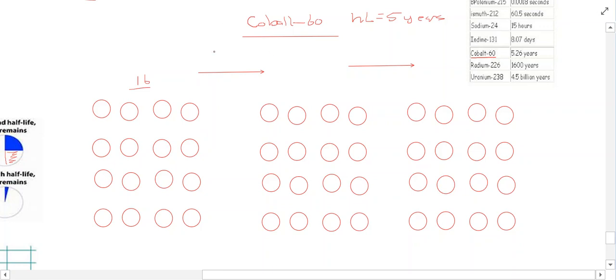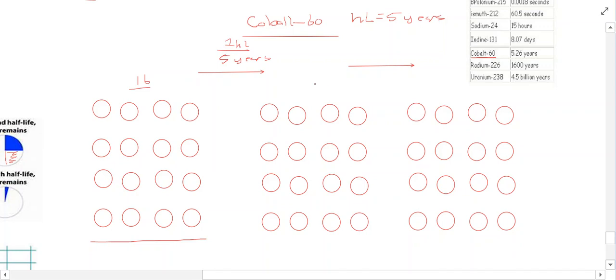And then imagine we fast forward. So this is our sample. We look at it, and this is what we start off with. None of them have decayed yet. And then we take this same sample and we look at it 5 years later, or after one half-life.